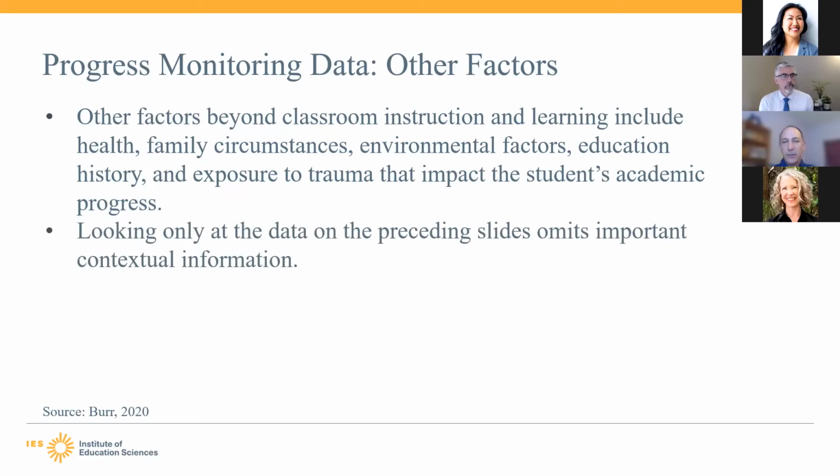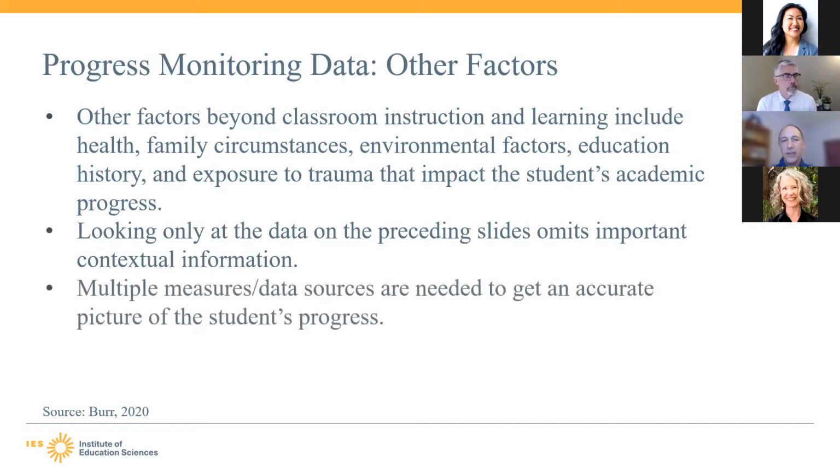Certainly, in some of the jurisdictions on the call today, there can be natural factors that interrupt education. Those will usually be more global, but there are going to be sometimes circumstances that affect some students only. And if we look only at the things on the prior slides and don't factor in these other factors, then we may be at risk of making a suboptimal decision for a student. Next.